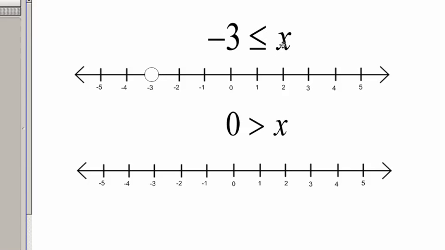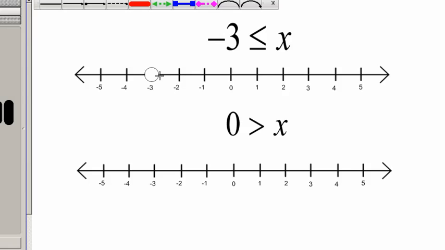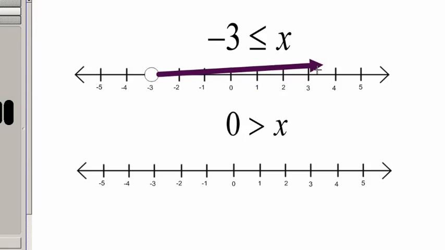All the possible values of x that would make this true are to the right of negative 3. I can check. Pick any value and check. Let's see, 0. Is negative 3 less than or equal to 0? Yeah, it is. So it works. I'll graph the right side of negative 3.